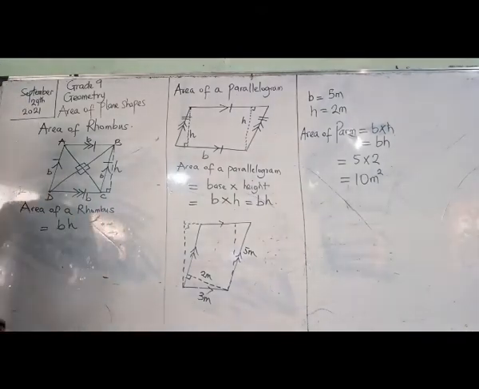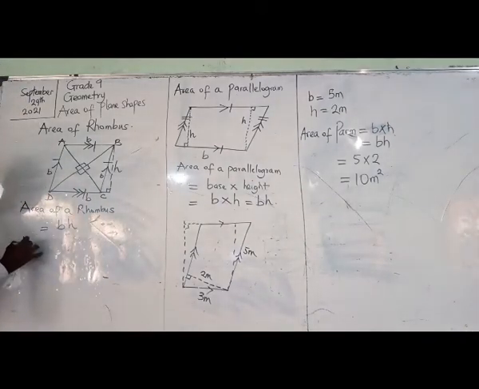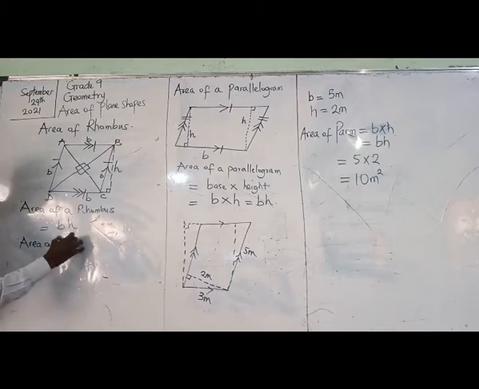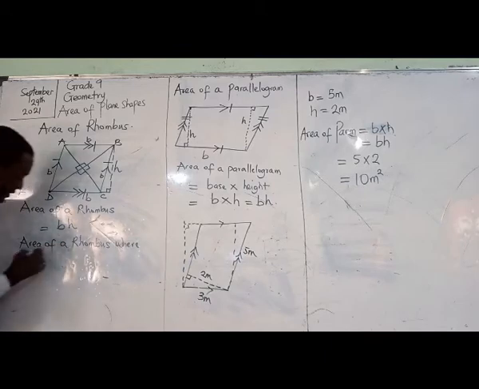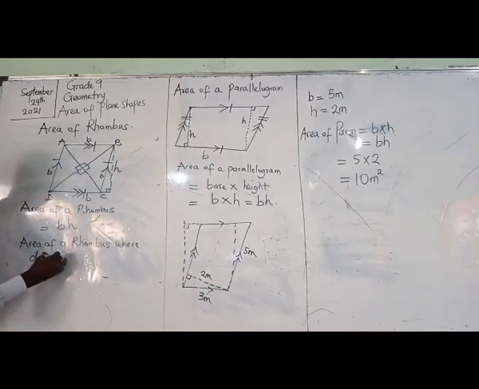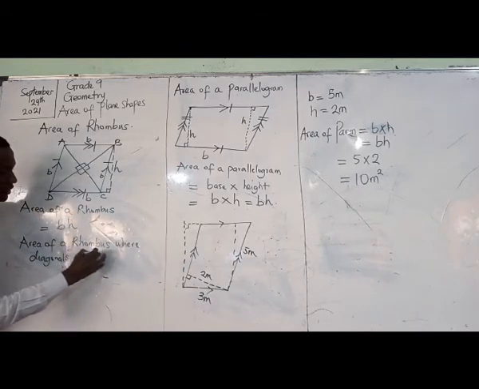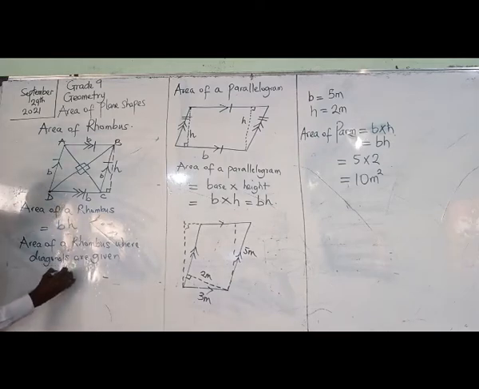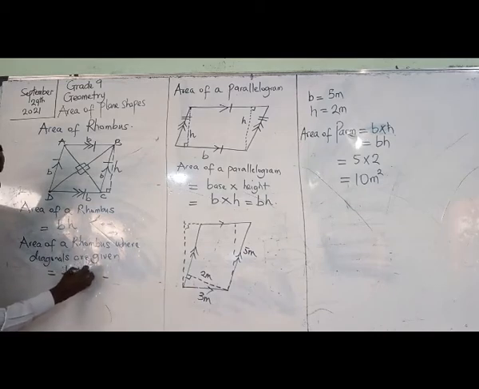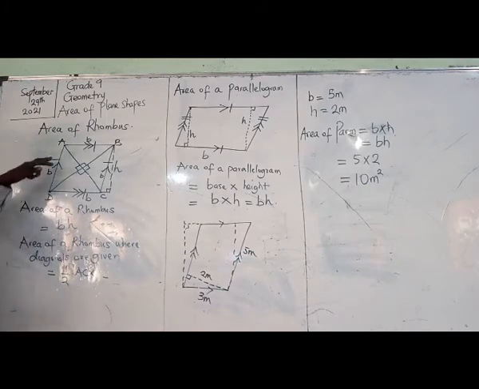We can say that the area of a rhombus, where diagonals are given, will be equal to half AC times BD.